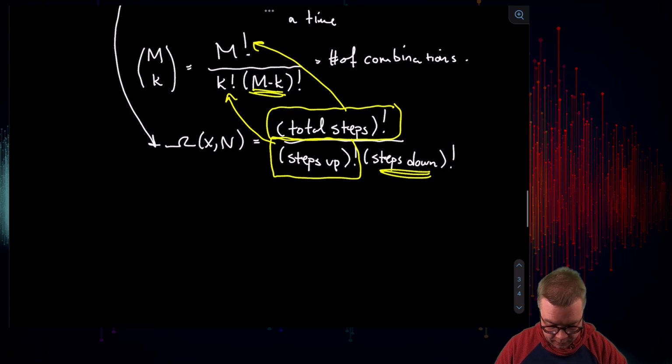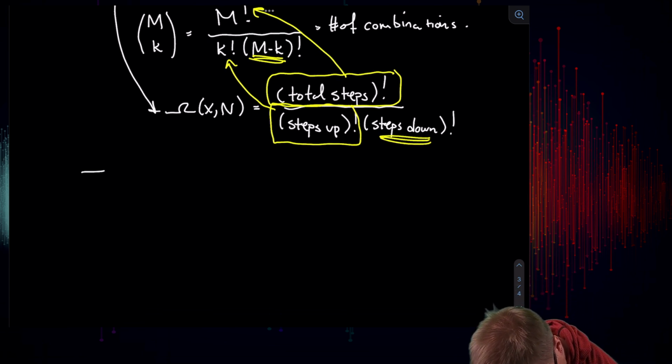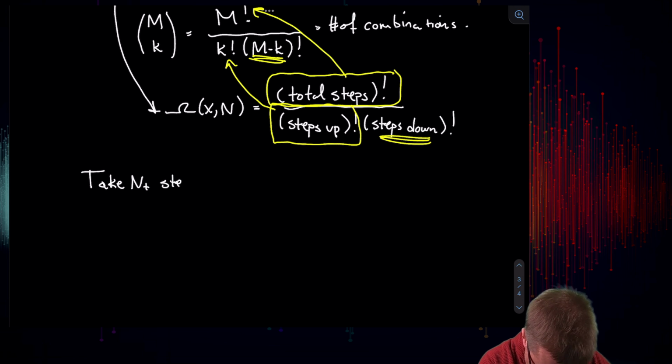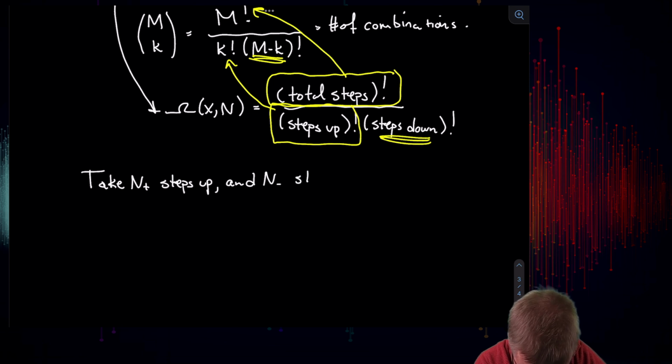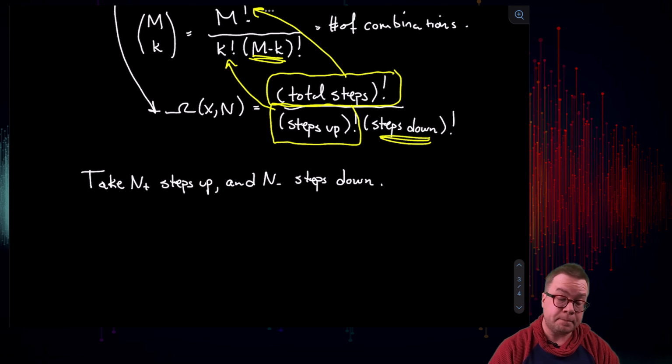All right. So let me just write this in a different form, and then I'm going to directly give you the result, but I want you to see the connection between this and what we've been doing. So let's say you take n plus steps in the positive direction, and n minus steps down.